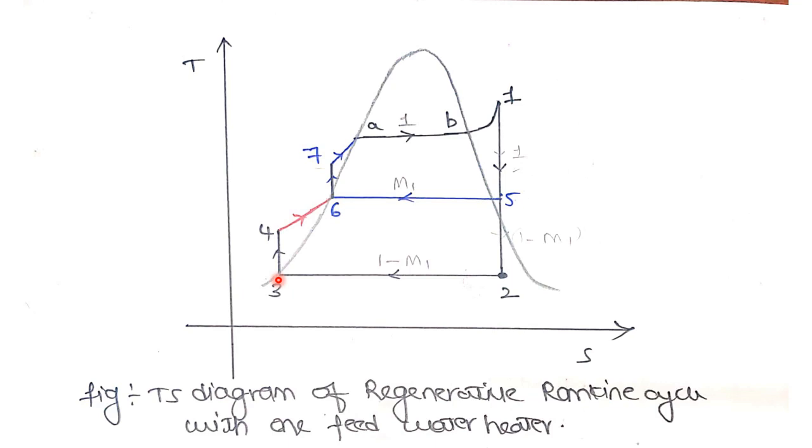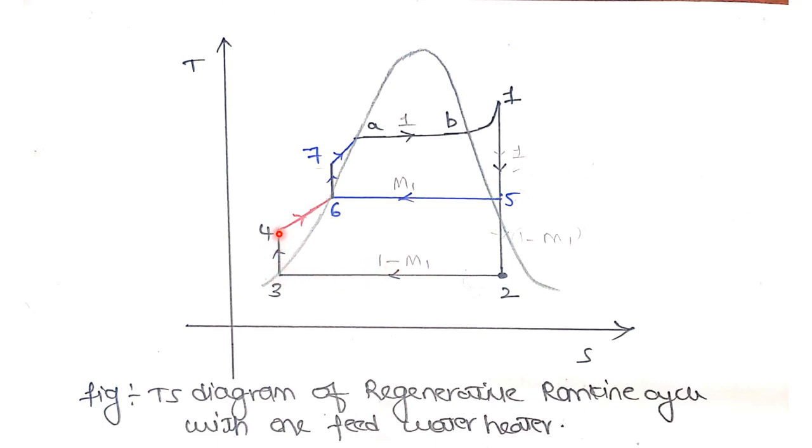So the pump work from pump number 1 is 1 minus m1, which is the steam flow, into H3 minus H4. Similarly for pump 2, now you try. What is the steam flow here? m1 is the steam flow. So m1 into work output, initial minus final, so H6 minus H7. Getting it? If you add these 2 values, you will get the total pump work.